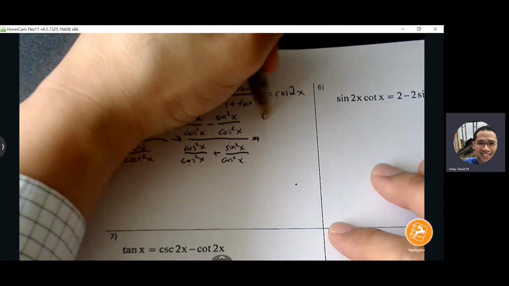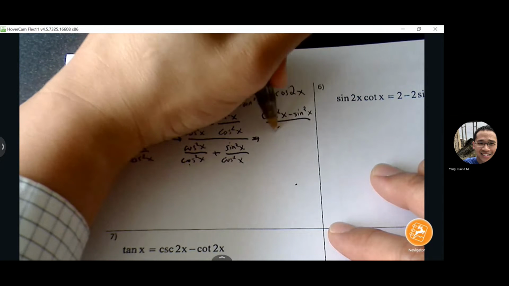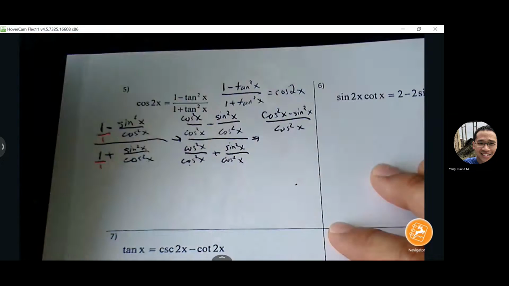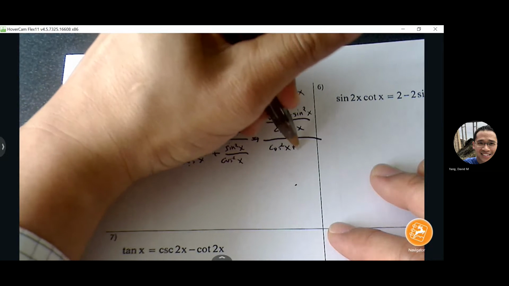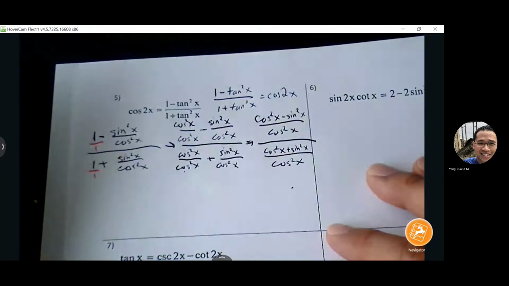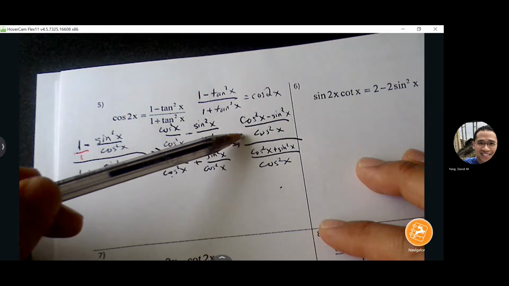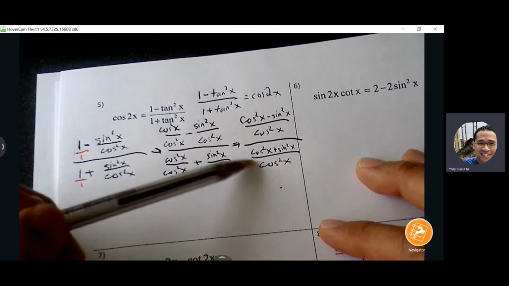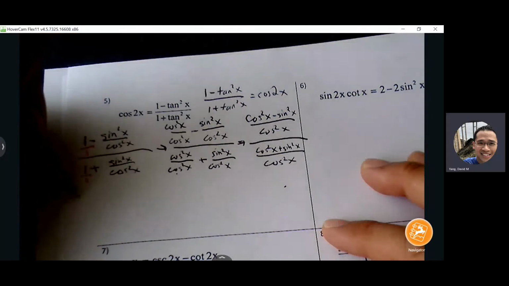Everything is under one fraction now. Multiply by the reciprocal.